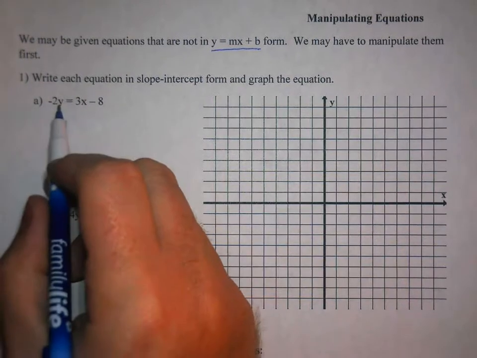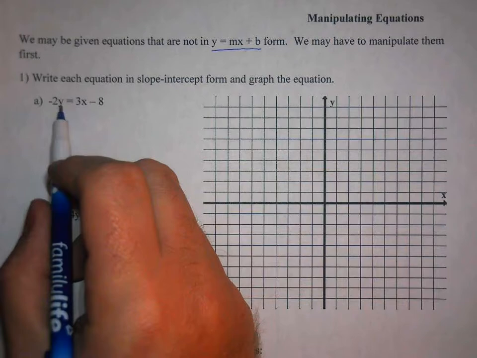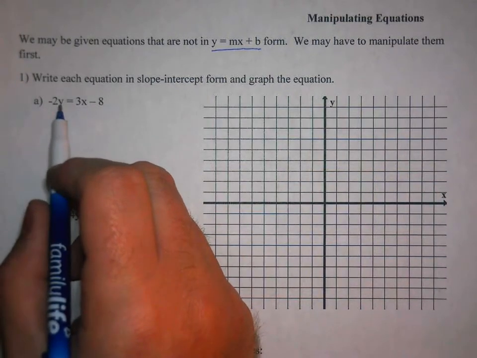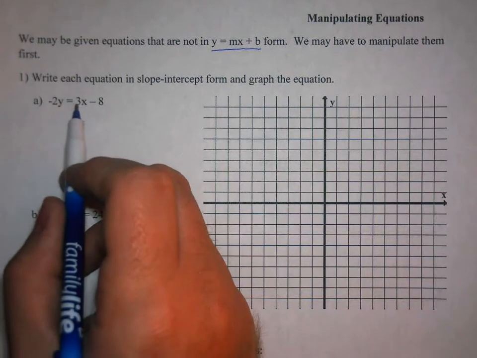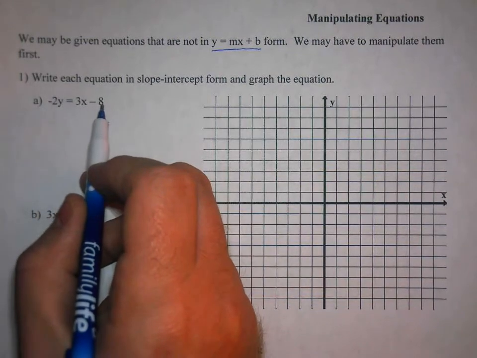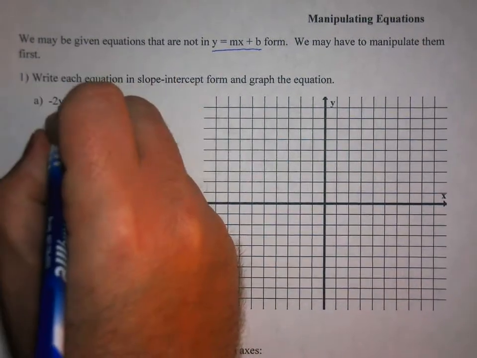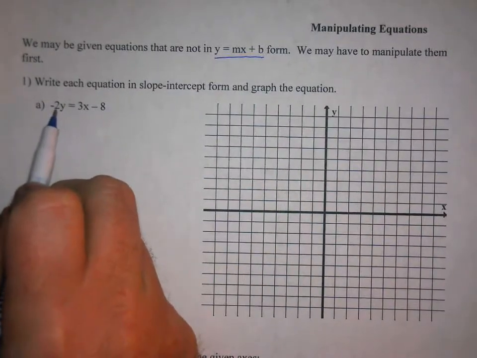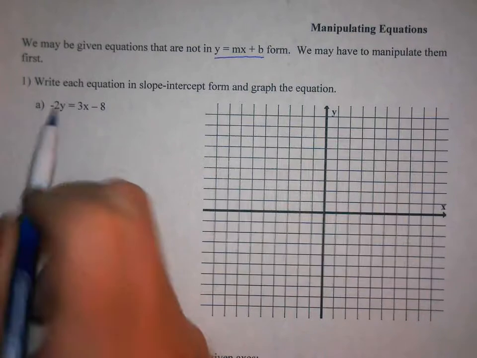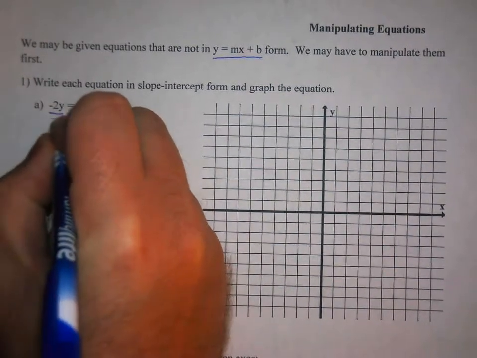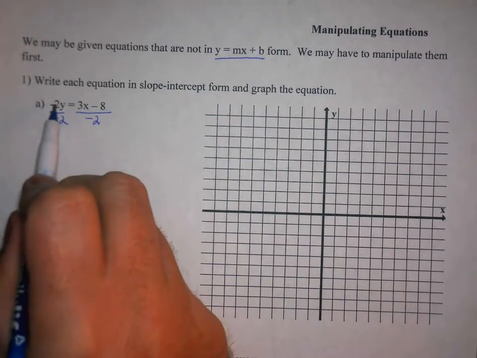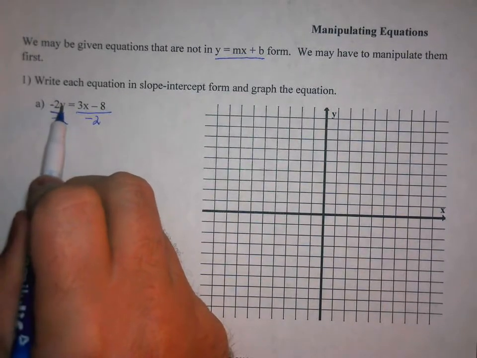So when we look at this, we can't say y equals mx plus b because we have -2 times y. So we can't say the slope is 3 and the y-intercept is -8. We have to get y all by itself first. So the way we do that is, if we have -2 times y, we divide each side by -2, and that will undo that -2 times the y.